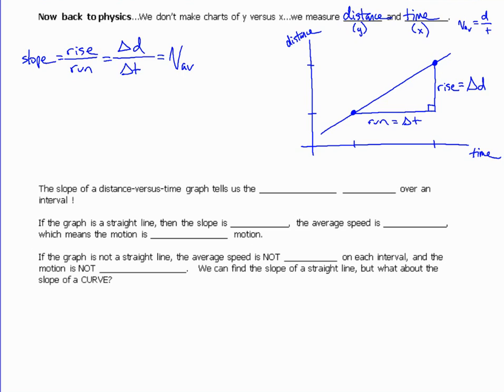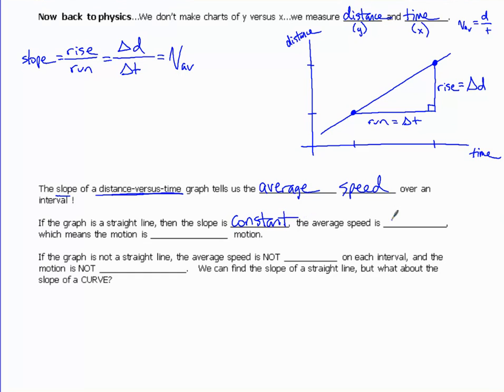The slope of a distance versus time graph tells us the average speed over an interval. This is going to be really helpful as we go through our physics course. Slope of a distance versus time graph, specifically distance time, tells us the average speed over an interval. If the graph is a straight line, then the slope is constant.